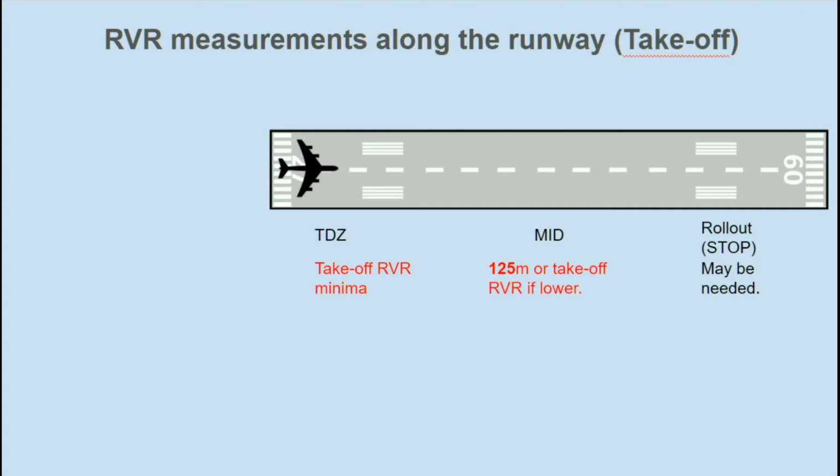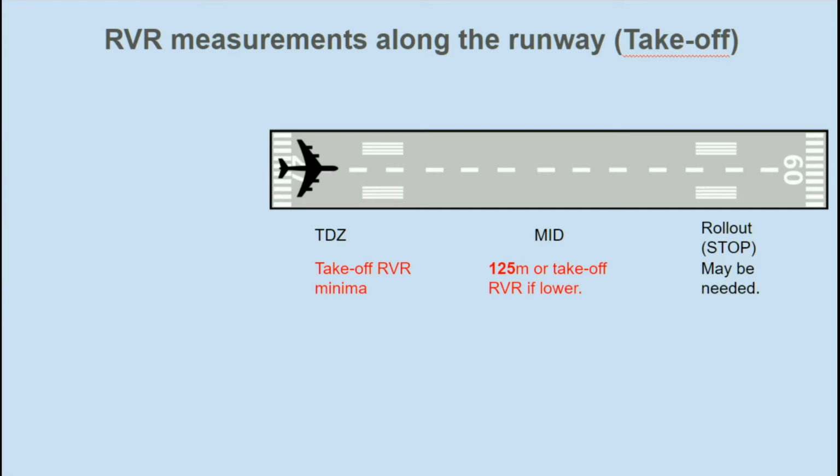If you haven't got that and therefore your minima are higher, they assume that you are doing some sort of a manual takeoff, and it is deemed that 125 meters is really about the minimum that you can control an aircraft at speed as it's going down the runway. So that's why they ask for 125 meters as a minimum unless you're taking off with less than that to start with.